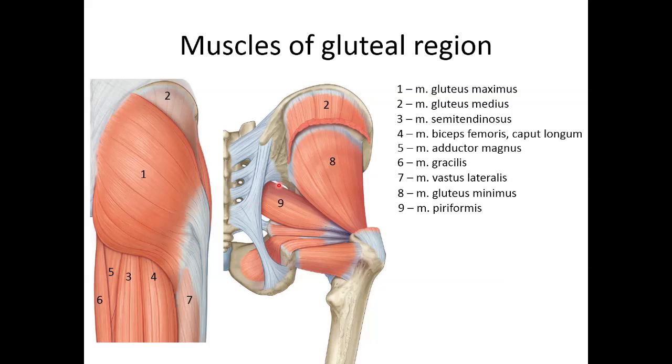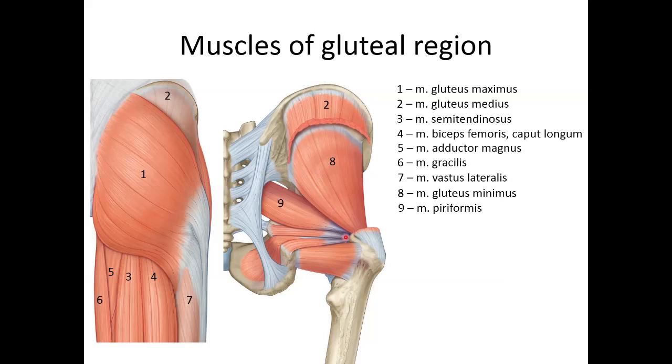So we can see that it originates from the anterior surface of the sacrum, and here the place of attachment is in the region of trochanter major.